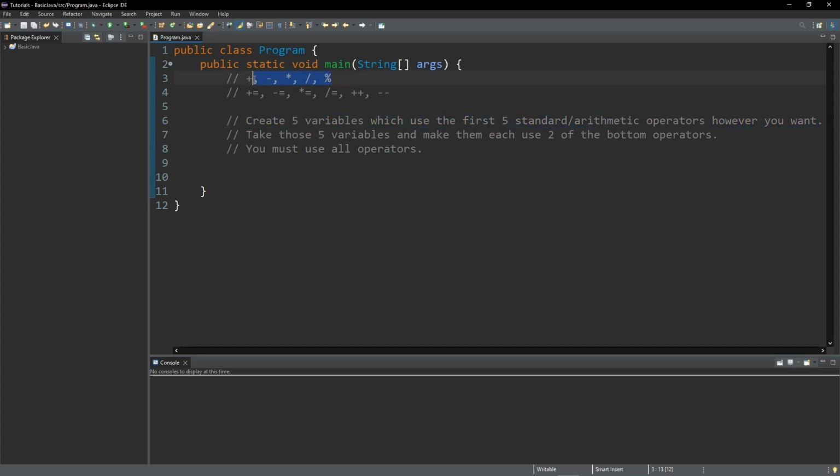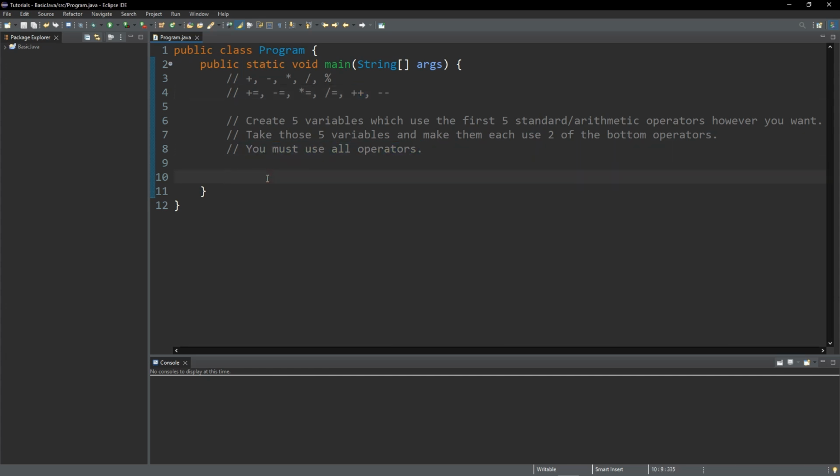Take those 5 variables and make them each use 2 of the bottom operators. So those 5 variables can use plus equals and times equals. And then the next variable you can use minus equals and divide equals. The next variable you can use times equals and plus plus. The next one you can do minus minus and plus plus. But I want you guys to be able to use all the operators.